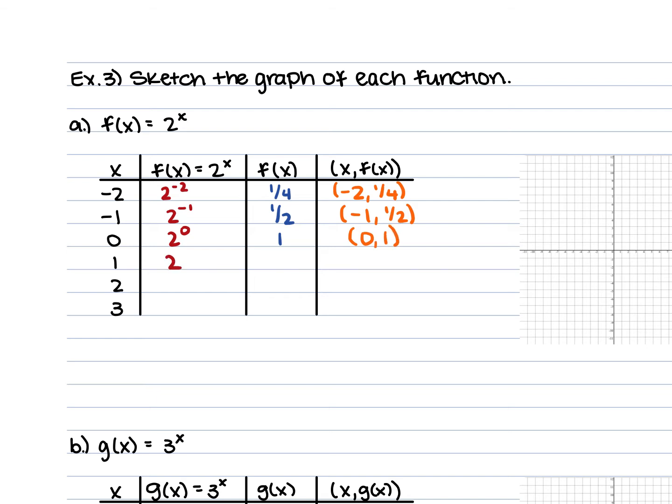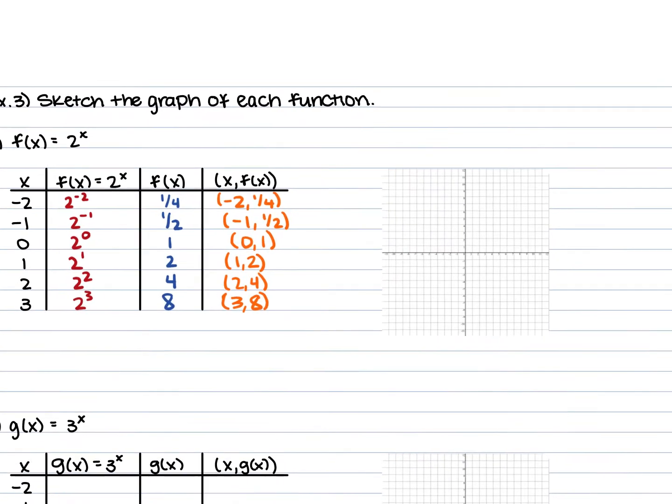Next we have 1, so 2 to the first power is 2. And that's the ordered pair, 1, 2. Next we have 2, so 2 squared is 4, and that gives us 2, 4. And then we have 2 cubed, which is 8, and that's the ordered pair, 3, 8.